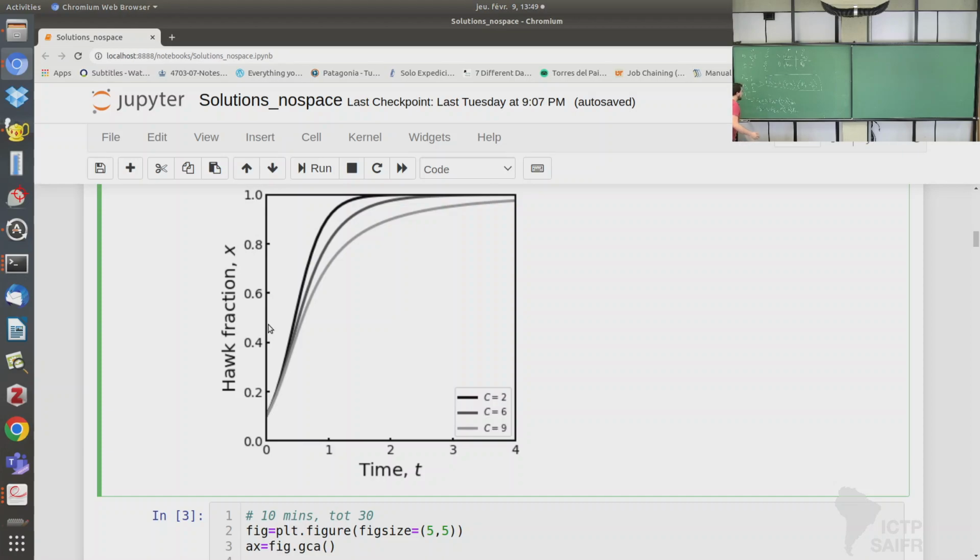Yesterday I showed you this diagram: when C is smaller than G, if this is the phase diagram, you have 1 and 0, and the fixed point is x equal to 1. So this is what we are seeing with this code.